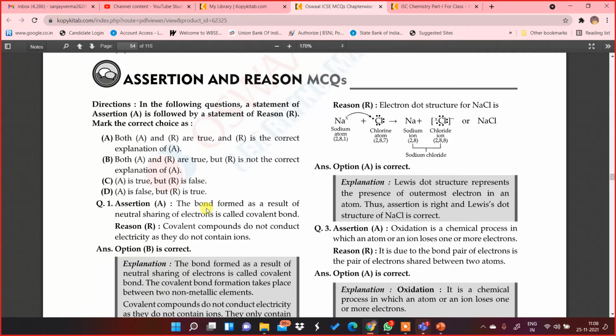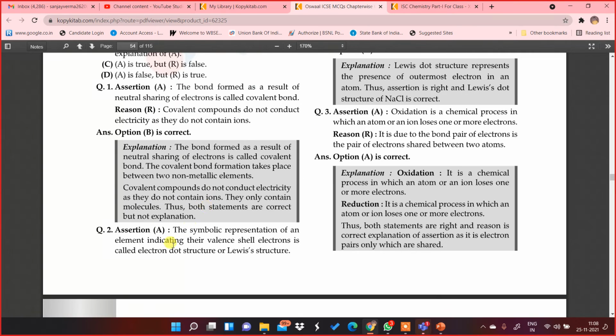Then question number 2, assertion: the symbolic representation of an element indicating the number of electrons in its valence shell is called electron dot structure or Lewis structure. That is true.